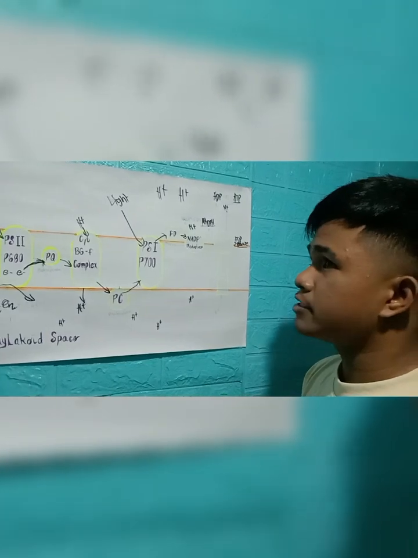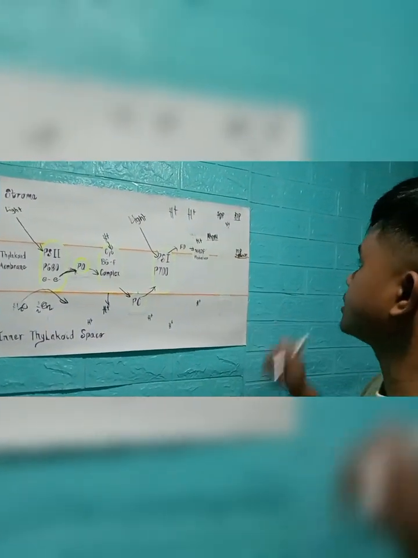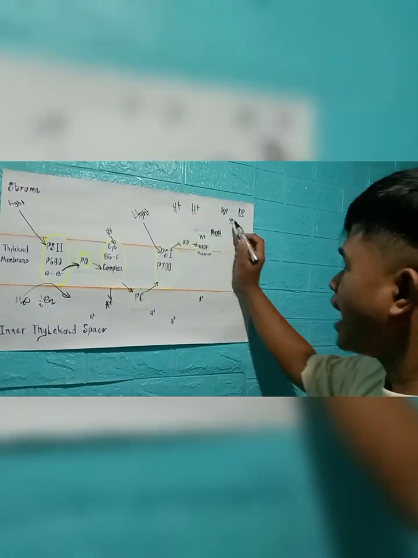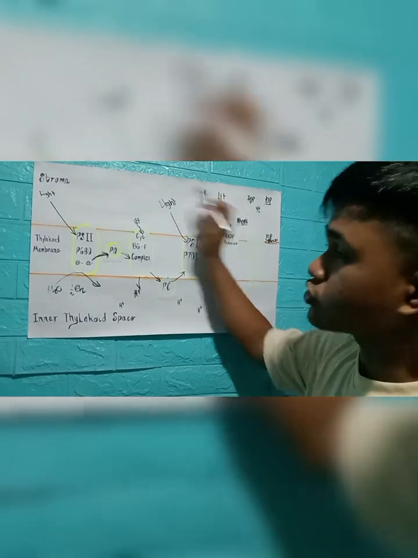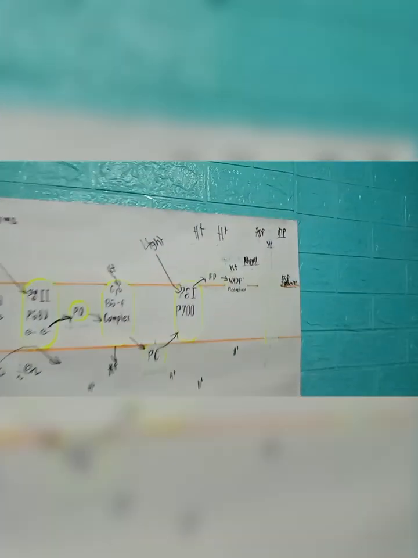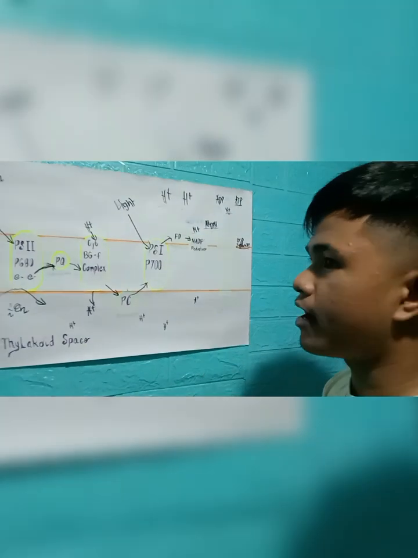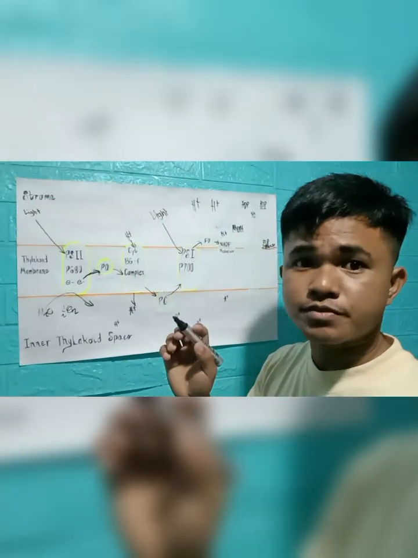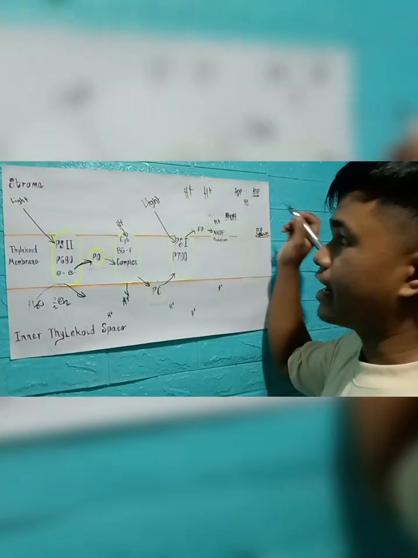The remaining hydrogen ions spread to the stroma. So the ATP is a key product of the light-dependent reaction.